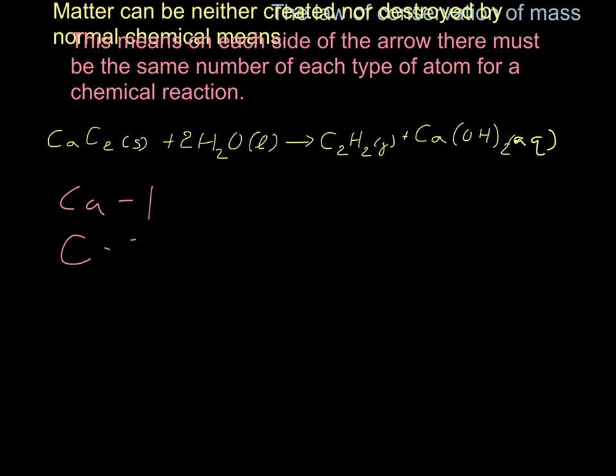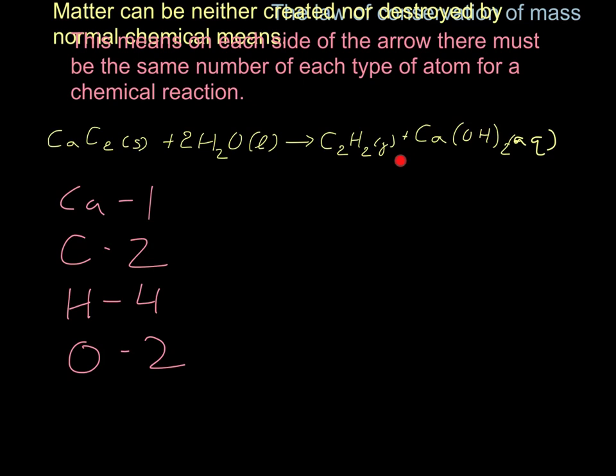I have 2 atoms of carbon. See, there's a little 2 there. I have 4 hydrogens. I have a little 2 there, and I have a big 2 there. So I have 4 atoms of hydrogen, because I'm multiplying that 2 times that 2. This 2 is in front of the water, so it applies to both atoms there. So not only do I have 4 hydrogens, but I have 2 oxygens.